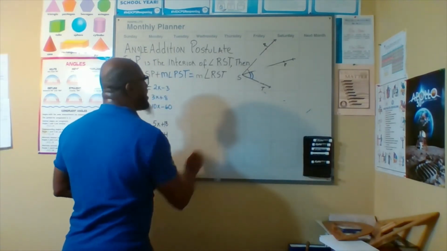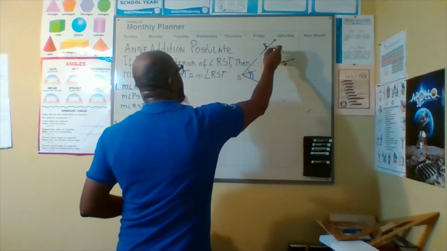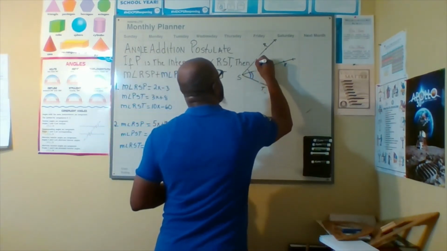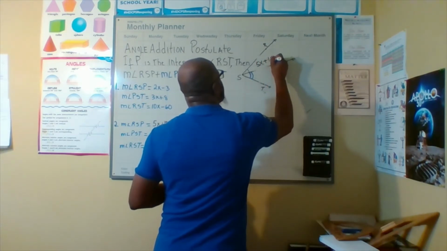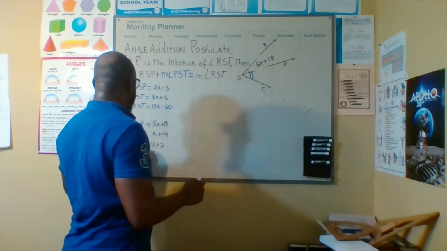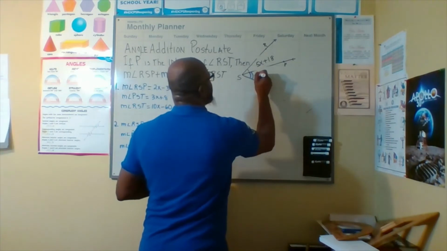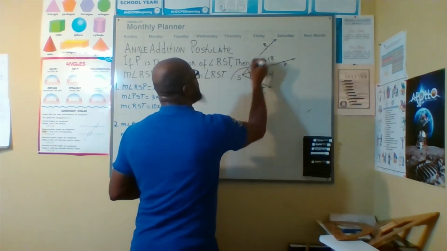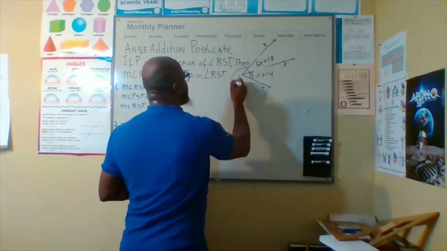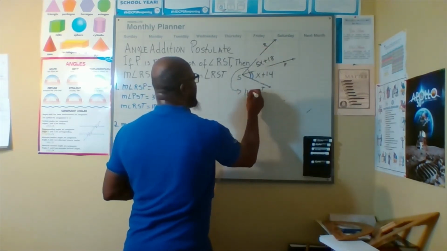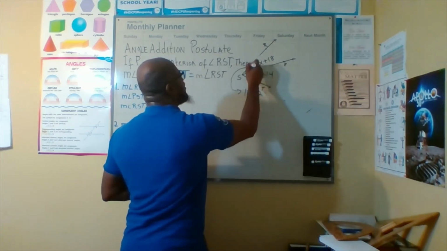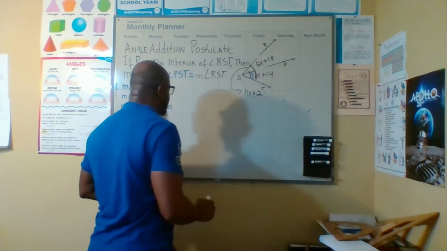The next problem, they're telling you angle RSP is 5x plus 18. This is 5x plus 18. And PSC is x plus 14. And they tell you this entire angle RSC is 11x plus 2.